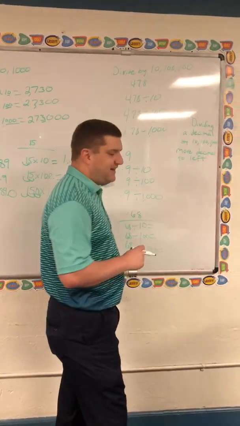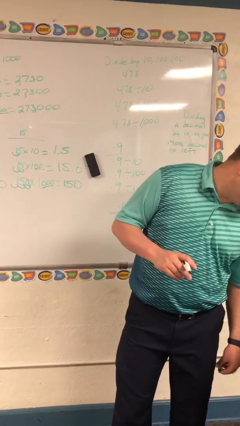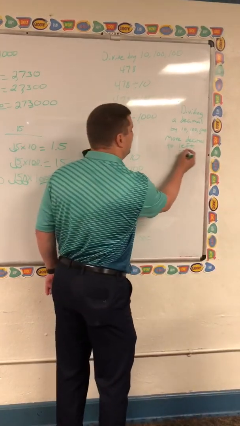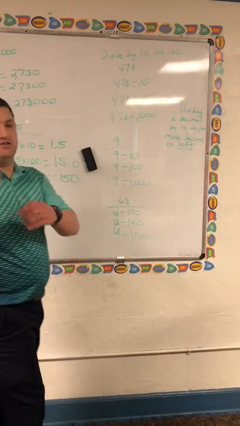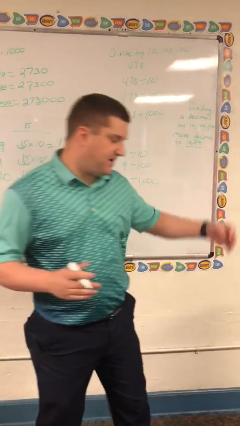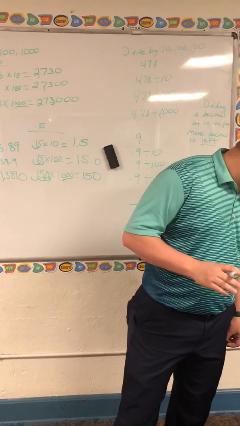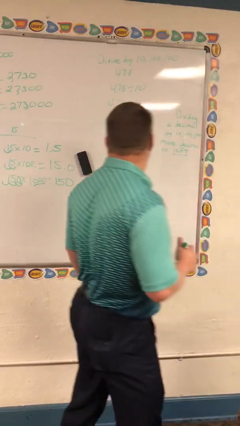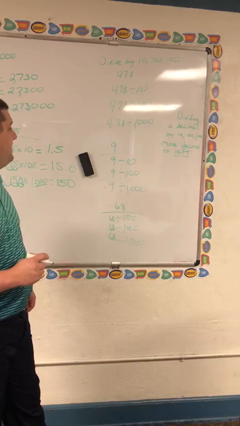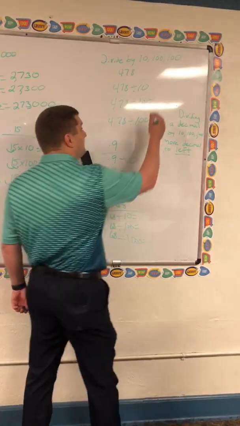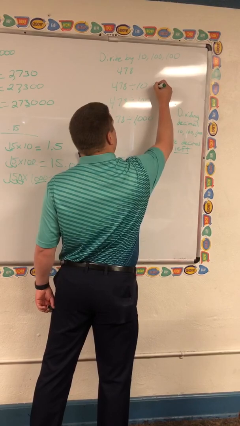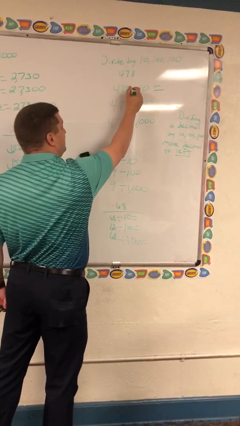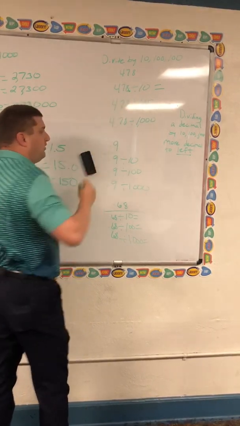So, when you divide by 10, 100, and 1,000, you move the decimal point to the left. Multiply right, divide left. And you annex zeros as needed. So, when you have 478 divided by 10, it's understood that a decimal is at the end of the whole number.